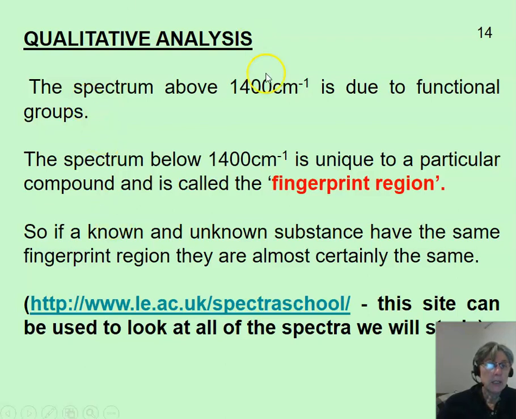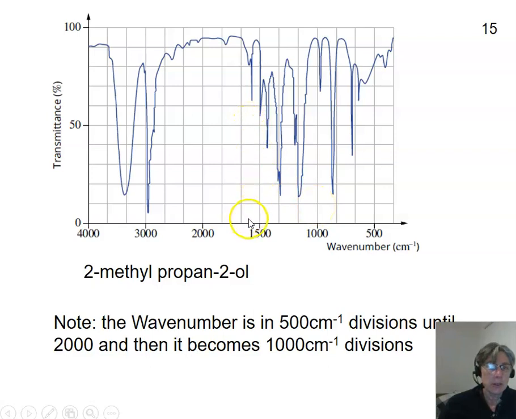When we're looking at a spectrum, it's generally above 1400 centimeters to the -1 wave number that we're looking at for functional groups. Anything below that we call the fingerprint region. Everything down here is a bit of a mess generally, and it's distinctive for an individual molecule.